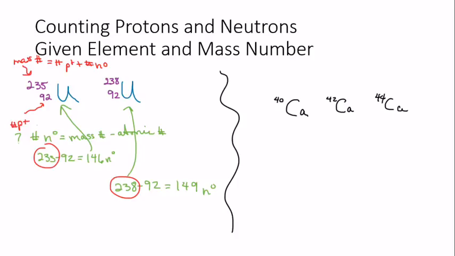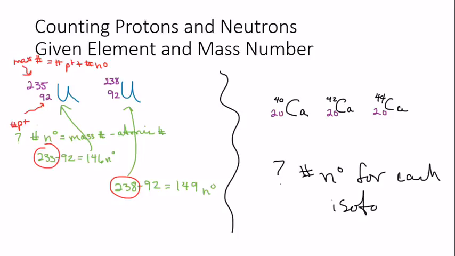I also looked up the atomic number for calcium, and I'll put in the lower left-hand corner 20. So we have 20 protons for each of those. Your video question is simply, what is the number of neutrons for each isotope of calcium?